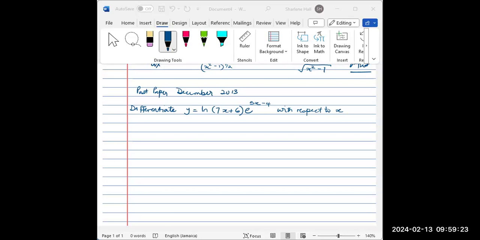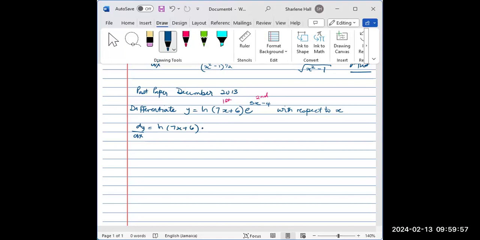So watch me. It is going to be dy by dx equals, I'm going to call it my first and my second. So this is going to be my first, and this here is going to be my second. So it's dy by dx, the first times the differentiation of the second.